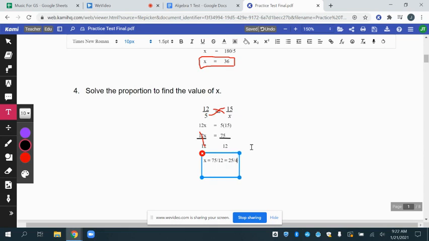Better. And I could divide 25 by 4 and I'd get 6.25. X equals 6.25. You divide it with a calculator.